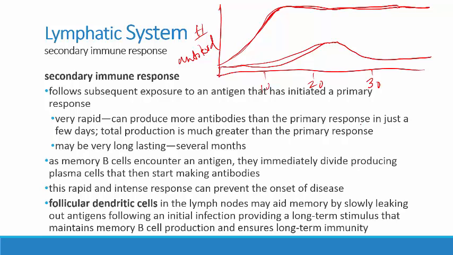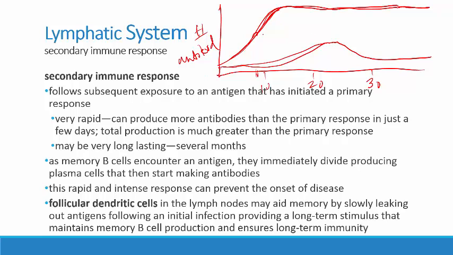So the response here is so rapid, so overwhelming, that by day 7, where in our first scenario we start to feel sick, already we have several times the amount of antibodies that were produced at the same time.